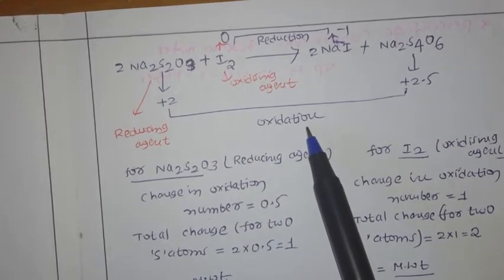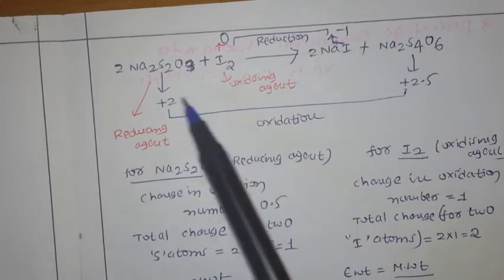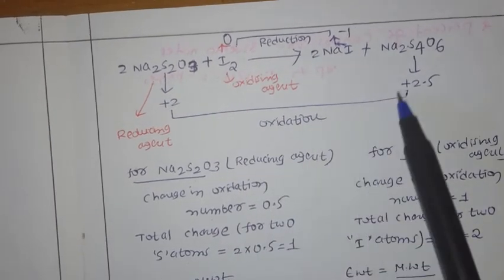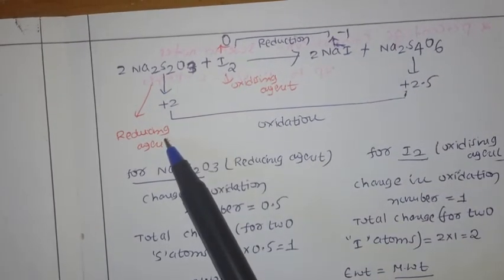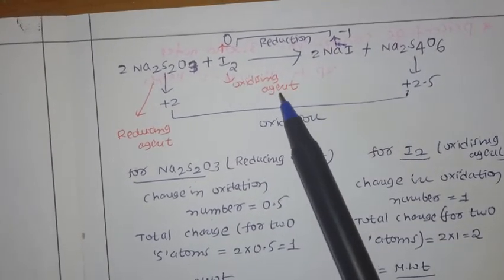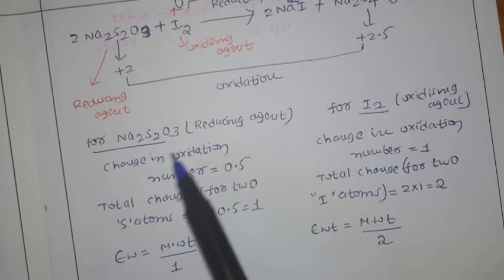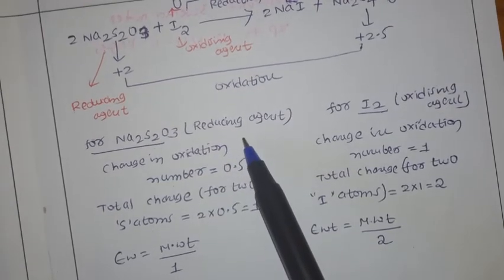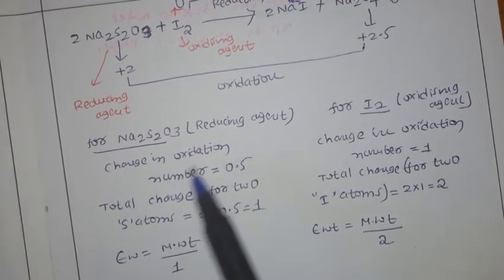Now, what is the oxidizing agent and what is the reducing agent? The species that undergoes oxidation is called the reducing agent. The species that undergoes reduction is called the oxidizing agent. Now for the reducing agent, to calculate the equivalent weight you have to find the change in oxidation number.